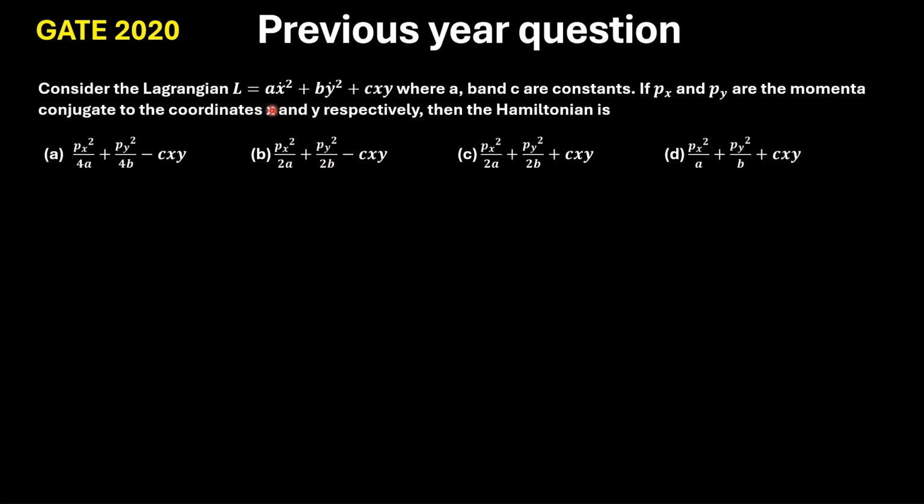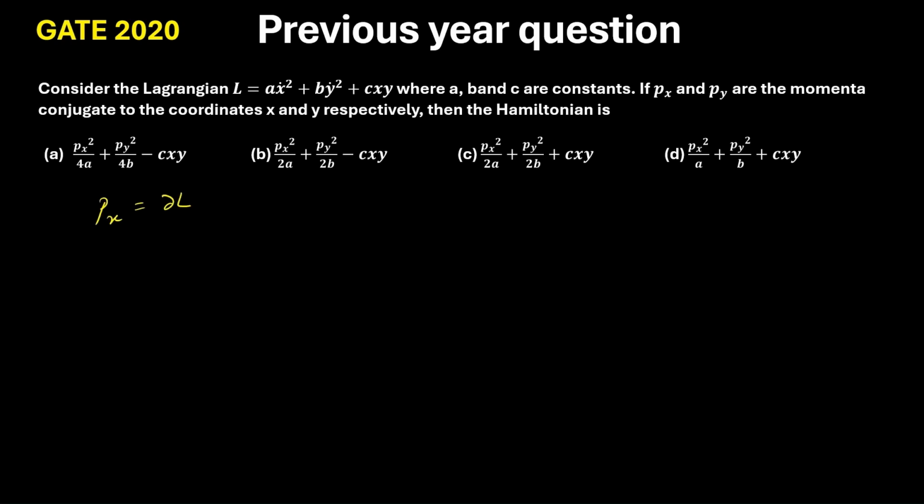In this question, we are given the Lagrangian and we have to find the Hamiltonian. And you can see in all these options that they have expressed the Hamiltonian in terms of the generalized momentum and the generalized coordinate. So first we can find the generalized momentum.